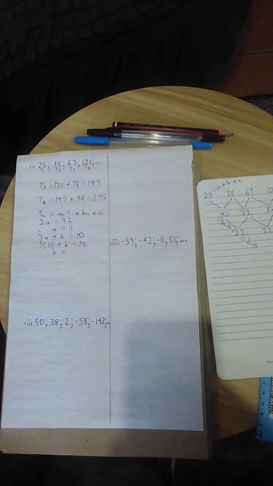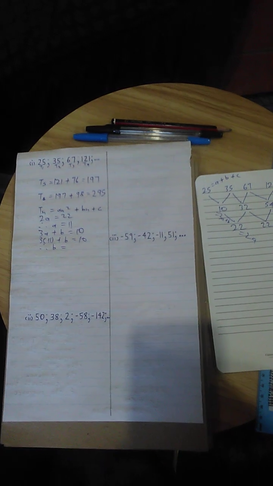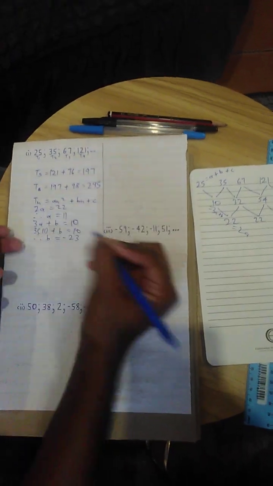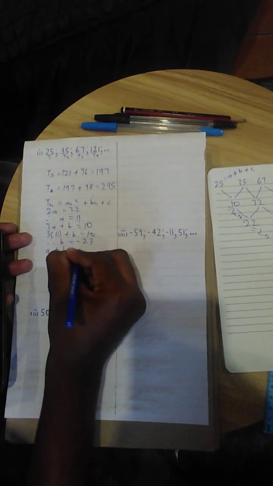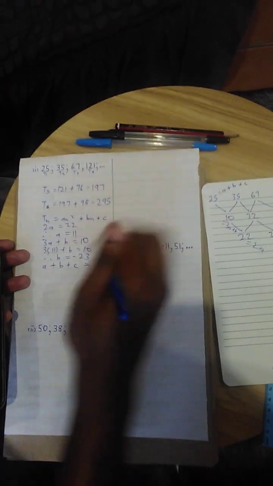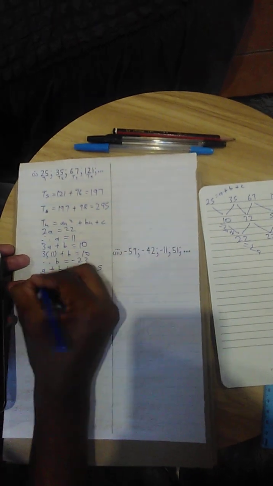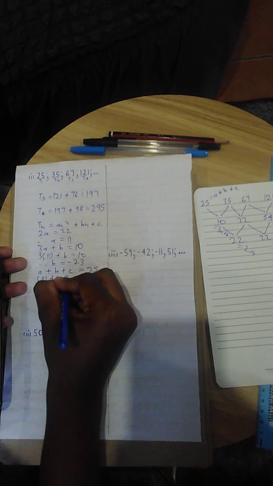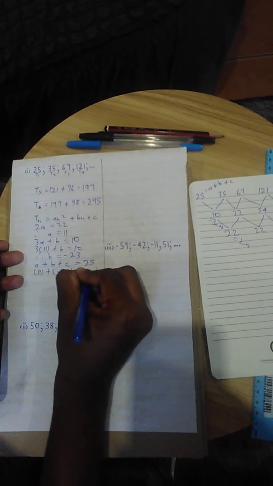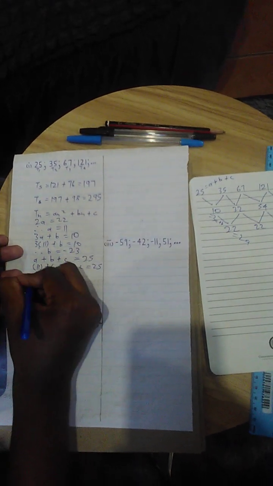B is 10 minus 33, which is negative 23. a plus b plus c gives us 25. 11 plus negative 23 plus c is 25.